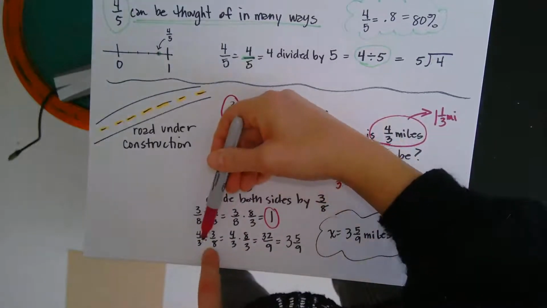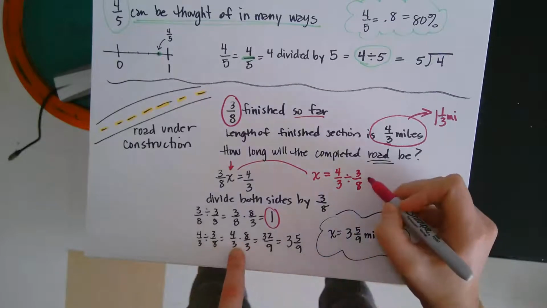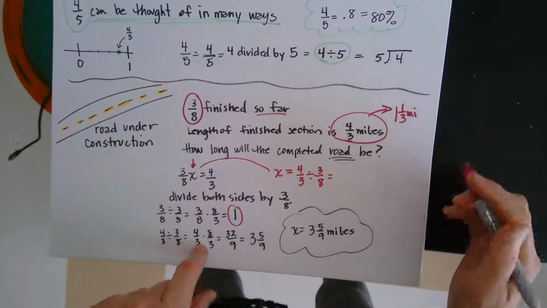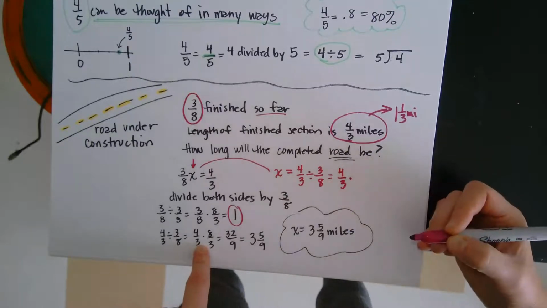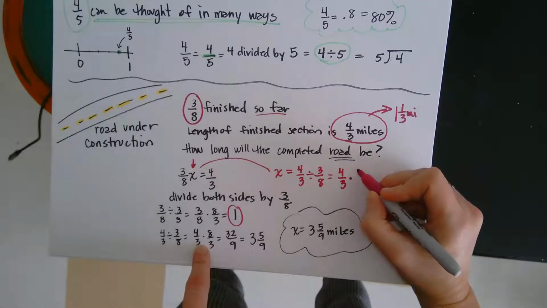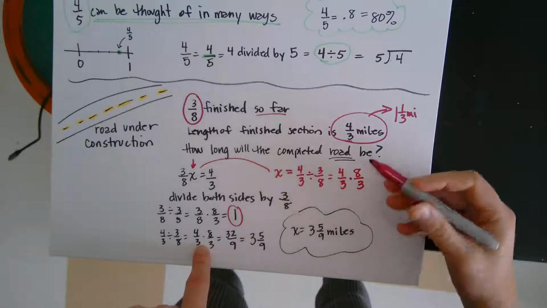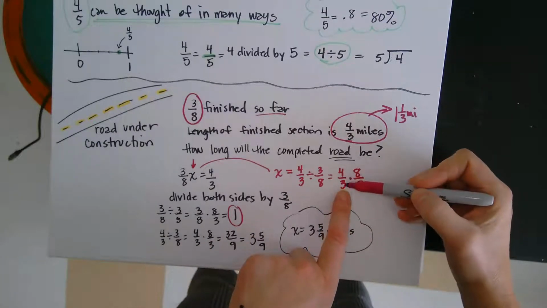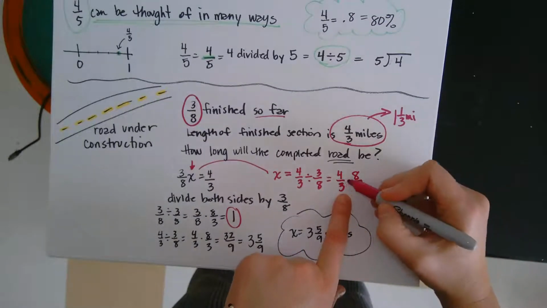Well, you know when we divide by a fraction, we change the problem. I'm going to actually do it right here so it's not so dark. We actually change the problem to a multiplication problem, but when we do so, we have to multiply by the reciprocal. So we have to change that to 8/3. So we're solving 4/3 times 8/3. I look diagonally.